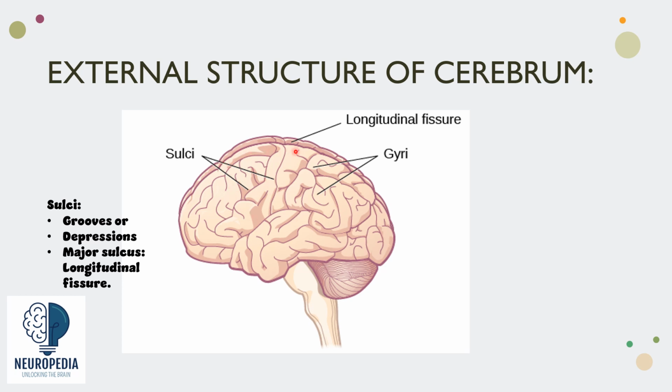Here you can see that it runs in the medial sagittal plane and divides the cerebrum into two hemispheres. Apart from this, there is another structure in the brain, the corpus callosum. The corpus callosum is a white matter structure that connects the two cerebral hemispheres.